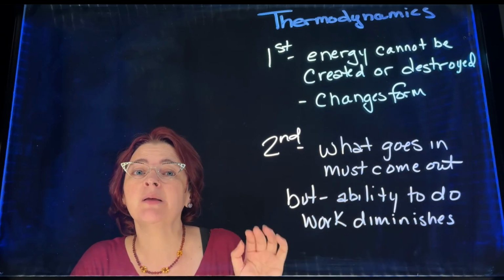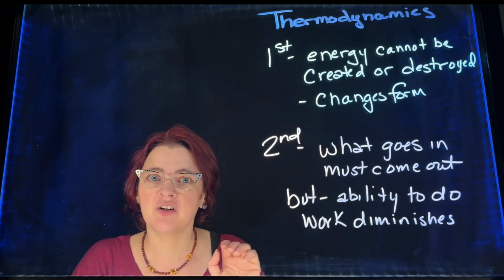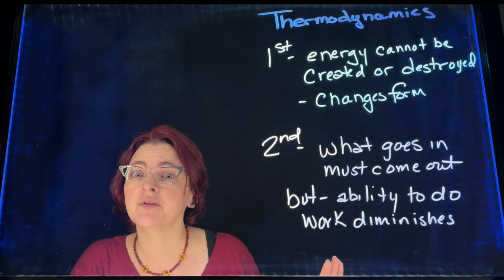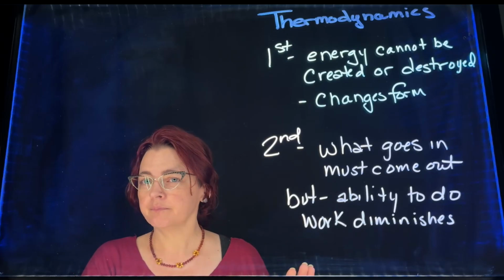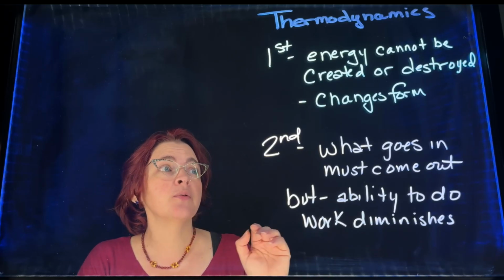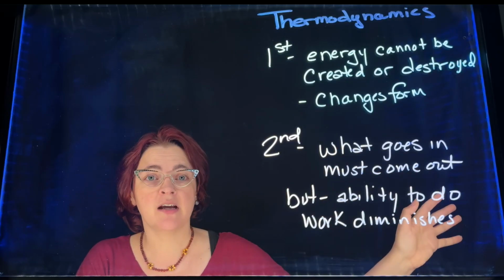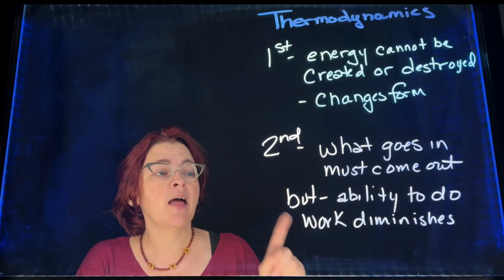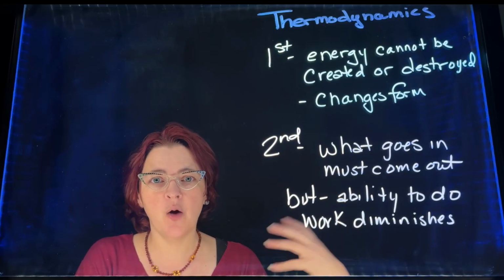It just might be 10 joules divided up into, let's say, 5 joules of one type of energy and 5 joules of a different type of energy. That is just a basic example. So the amount of energy that goes in is going to be equal to the amount of energy that comes out. And the other thing is that the ability to do work diminishes with the energy that comes out.